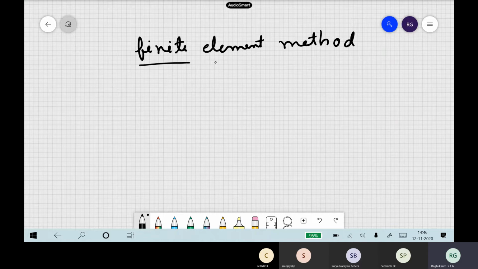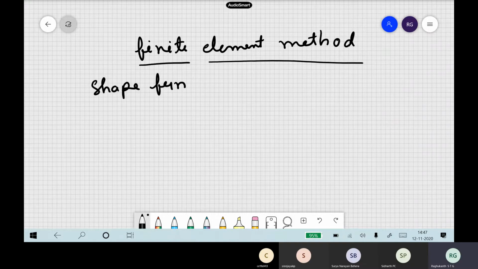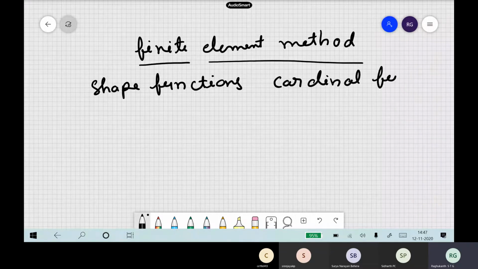The most important thing in finite element methods, as we saw last class, is the shape functions. The shape functions are nothing but the cardinal functions also. What is the main advantage of shape functions?